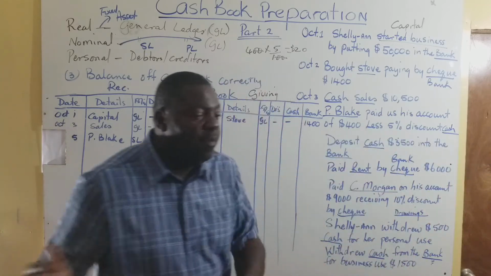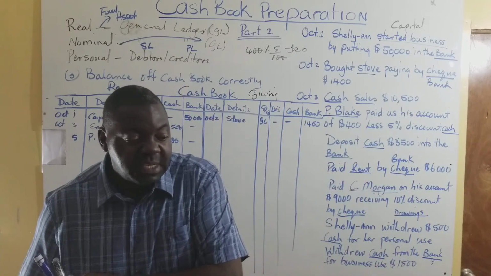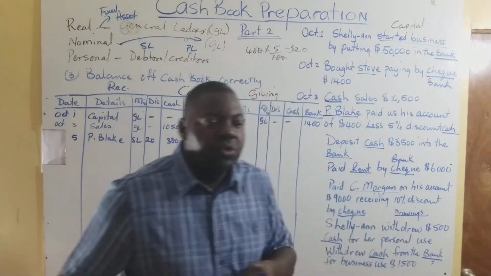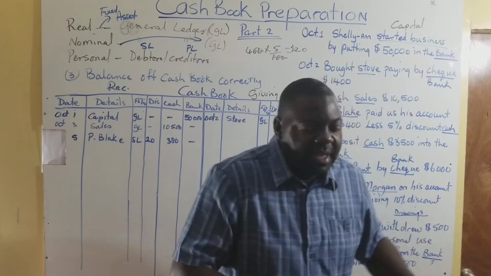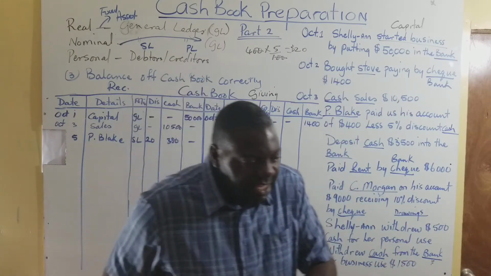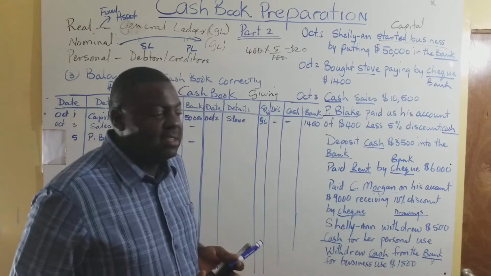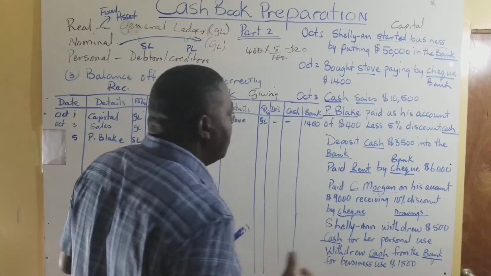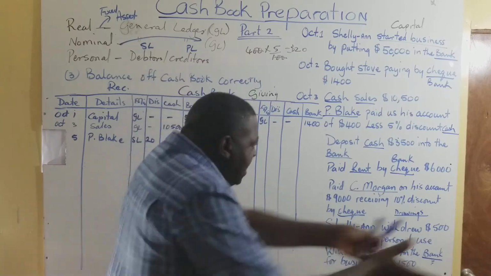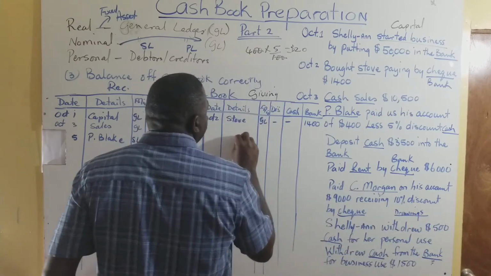So the money is moving from our business, which is cash, going into the what now? The bank. So the cash is giving it and the bank is receiving it. Are you coming with me now? Because cash is giving it, we go to the credit side.